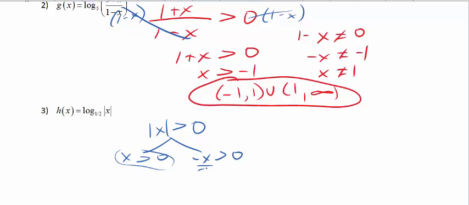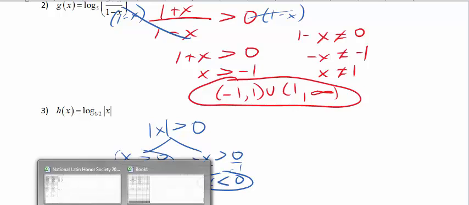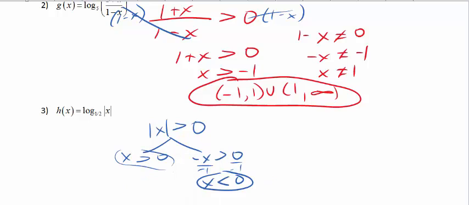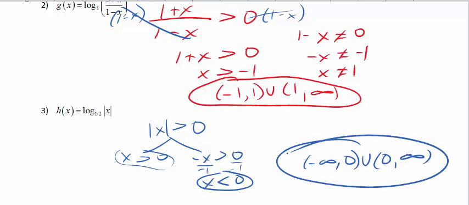This side, we have to divide by -1. And whenever you divide by a negative, you have to switch the sign. So that means our domain is x is greater than 0, and x is less than 0. So we're going to go from -infinity to 0, stop at 0, and start back up again on the other side of 0. But like I said, that's as hard as that possibly can get.